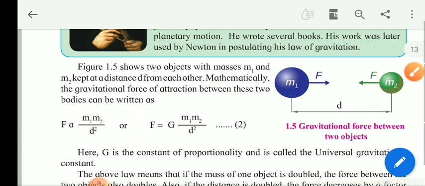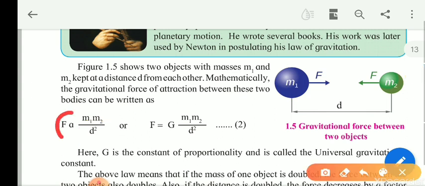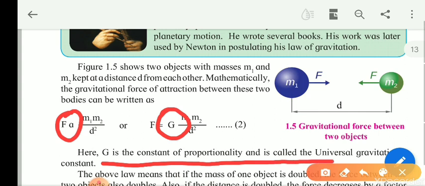Now, if I want to remove this proportionality sign, I have to place a constant, and that constant is a capital G, which is a constant of proportionality and is called the universal gravitational constant.